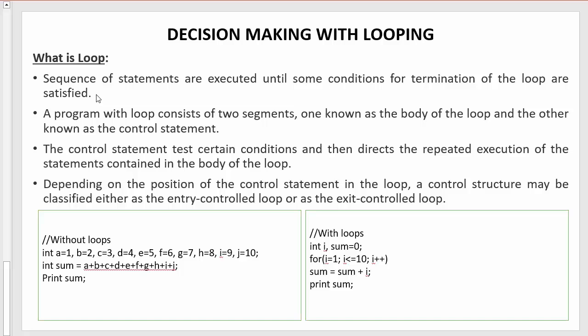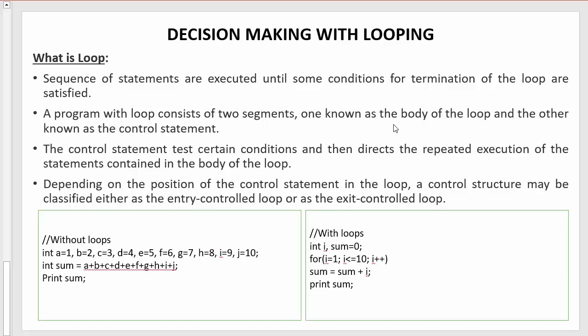So this is the concept of looping, and this concept can be used in many situations while you are writing a program in any programming language. Next point is a program with loop consists of two segments. So whenever we use loops in our program, that feature consists of two segments.